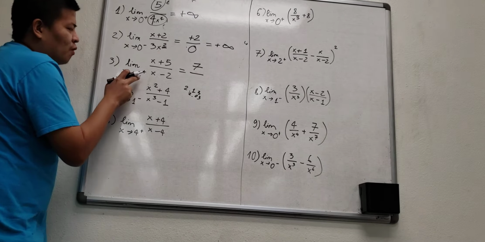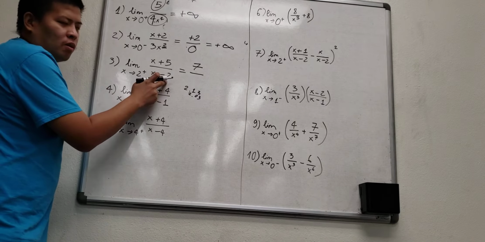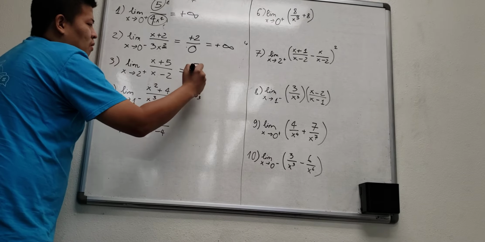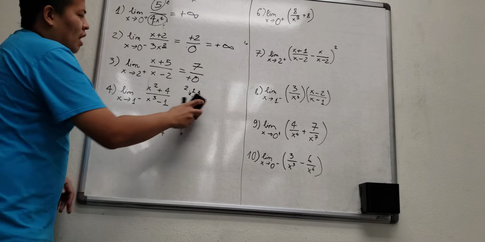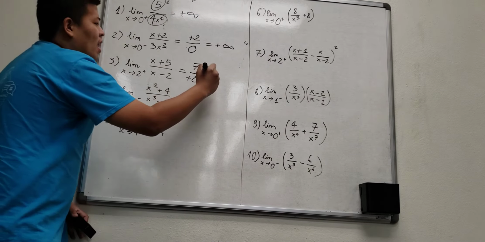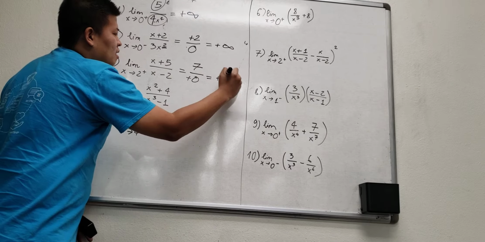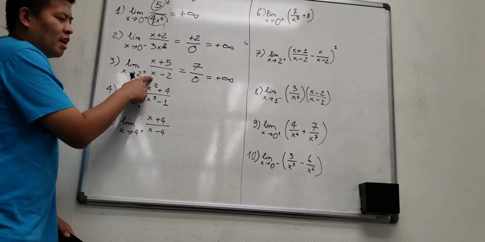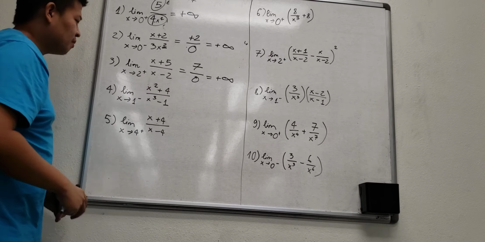This means that from the positive minus the number 2, you provide the positive 0 in here. So 7 divided by the positive provides positive infinity, because 7 divided by 0, and the number in here is a positive number.